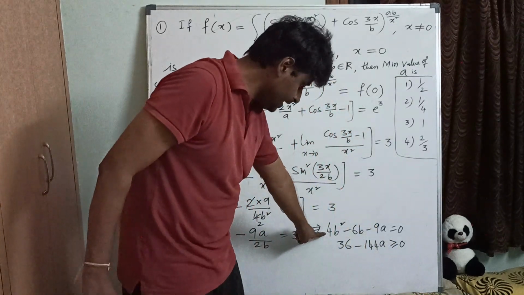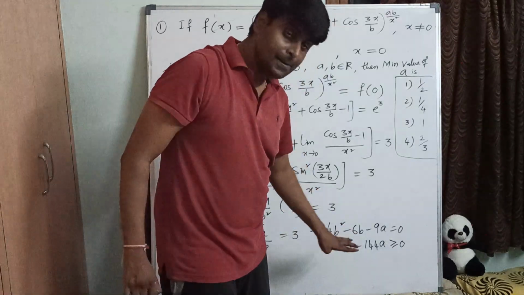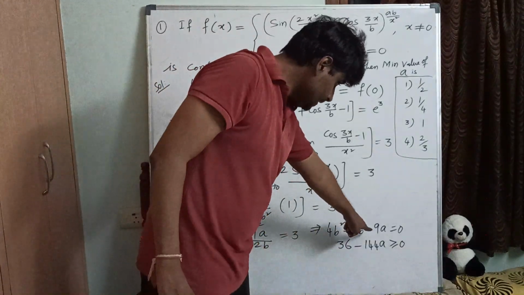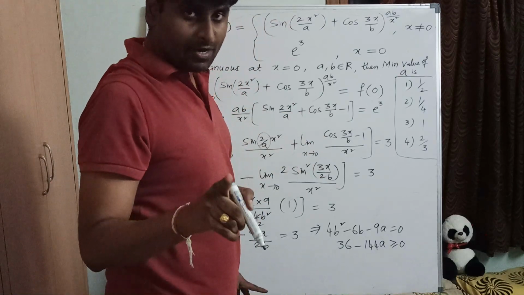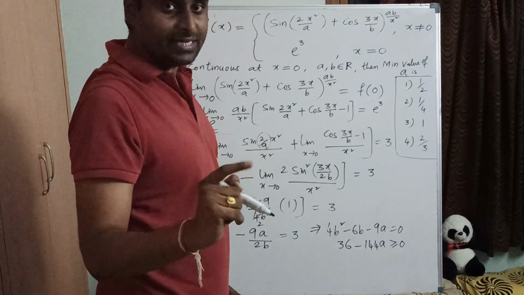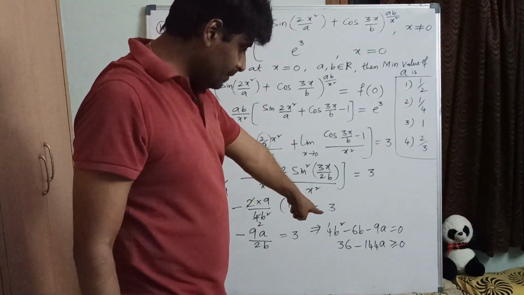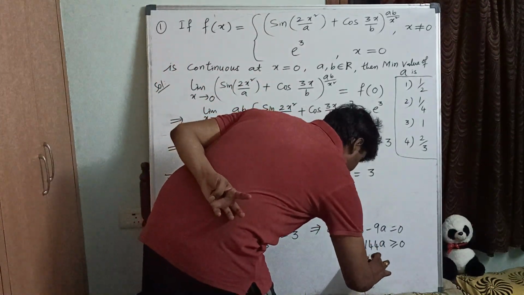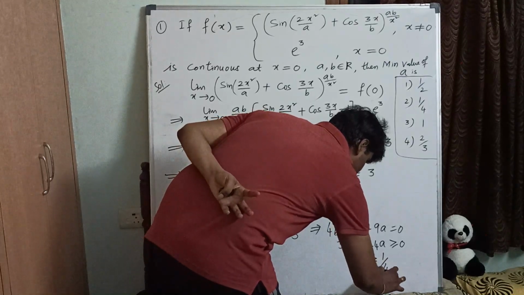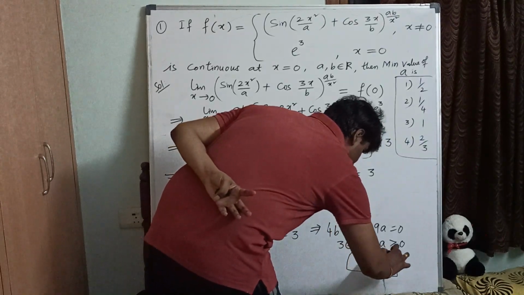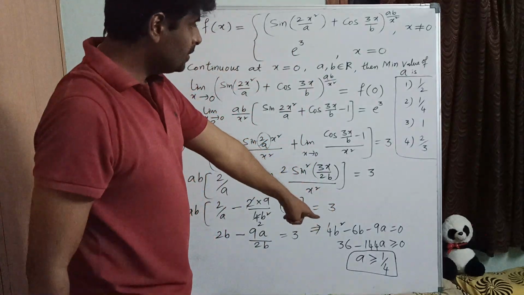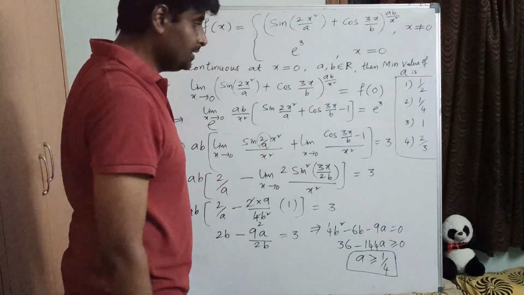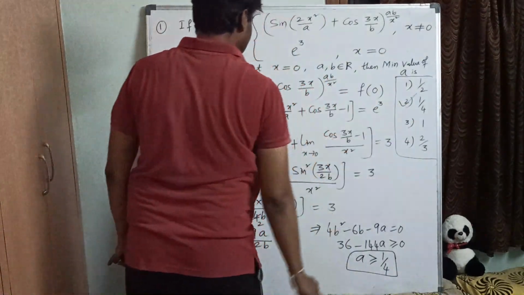Here what is a? 4. What is b? Minus 6. What is c? Minus 9a. Ax square plus bx plus c equal to 0, quadratic equation. So b square minus 4ac greater than or equal to 0. From this what do we get? a greater than or equal to 1 by 4. That means what is the minimum value of a here? 1 by 4. Clear? Just have a look at that, try to understand.